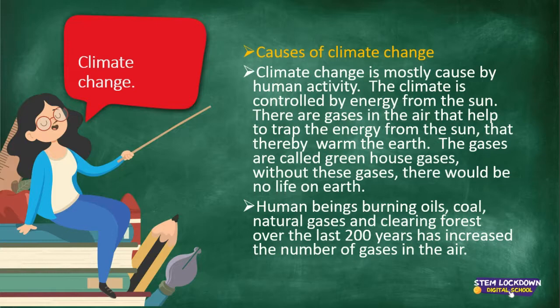So we're going to look at what causes climate change. Climate change is mostly caused by human activity. So these are the things that we do, the things that we take part in. So it is because of us. Animals are just going on with their daily lives, part of the system and the ecology.